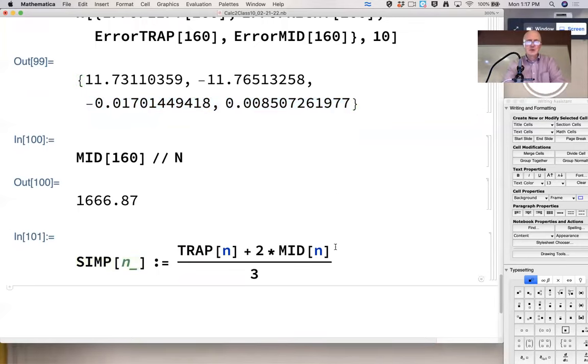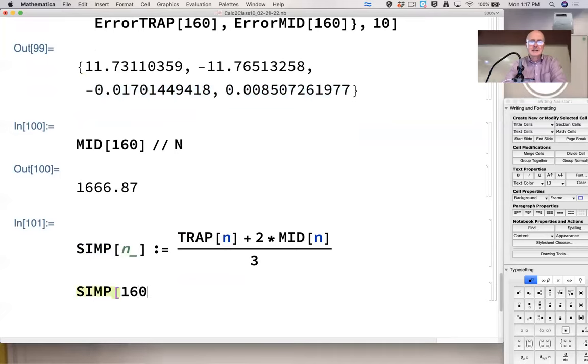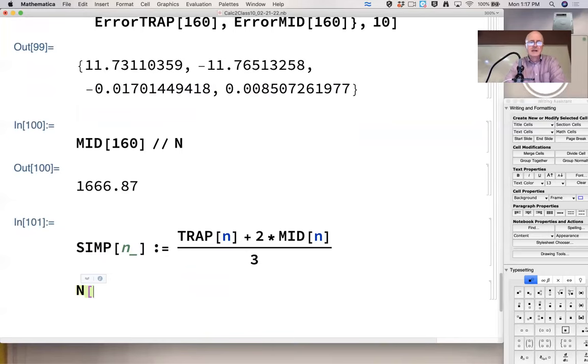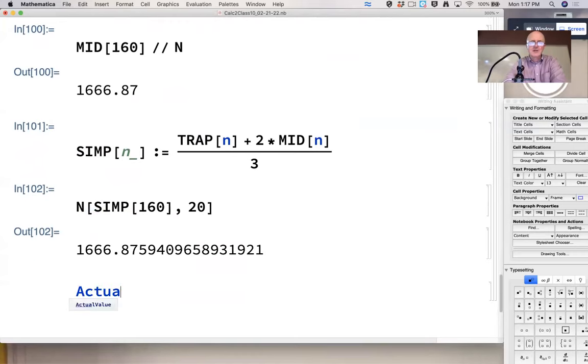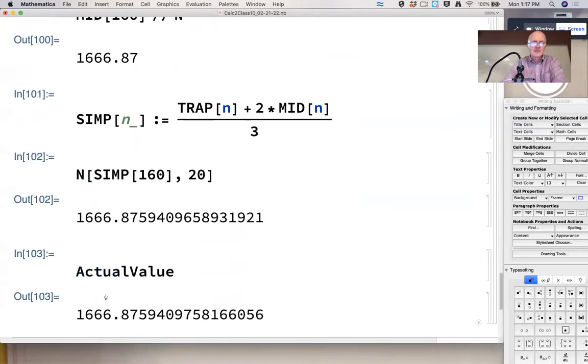So that's Simpson's rule. What's simp of 160? Let's even do, say, 20 decimal places. It's that, compare it to the true value, actual value. Very, very good. It's matching way out to there.